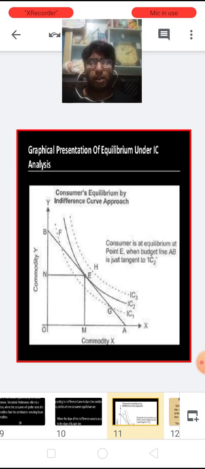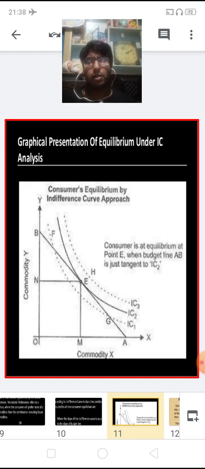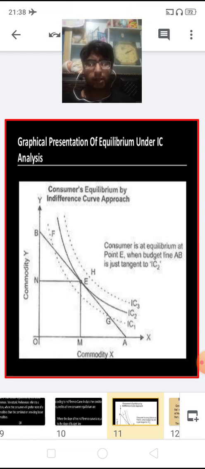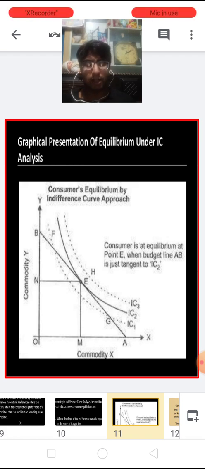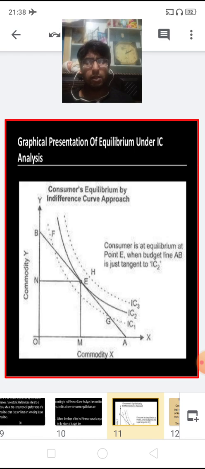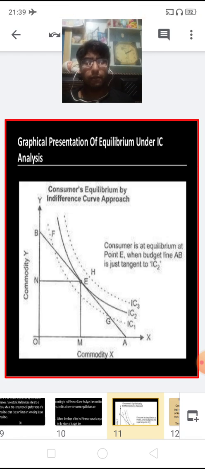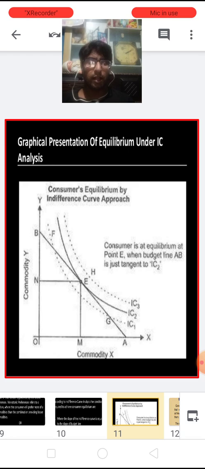Children, to find out the consumer's equilibrium point, you just see this diagram. The consumption of good X we are showing on the x-axis, whereas the consumption of commodity Y we are representing on the y-axis. Now A and B, this is the budget line, and the combinations E, F, and G are the points which lie on an indifference curve, and also lie on the budget line.